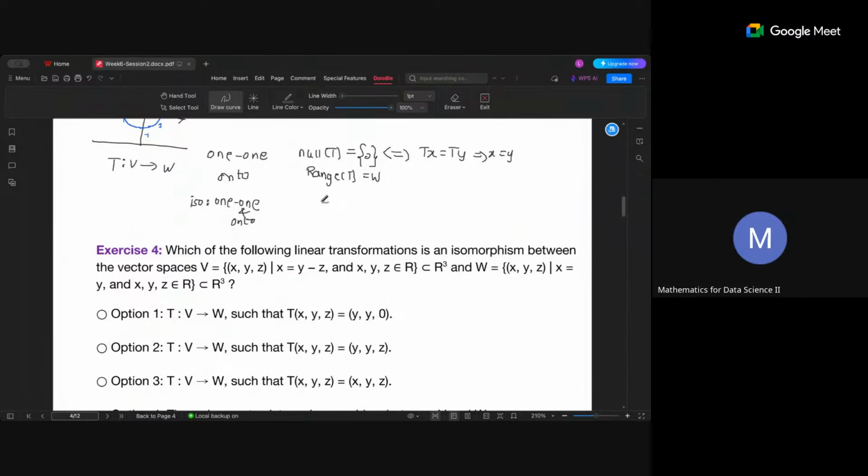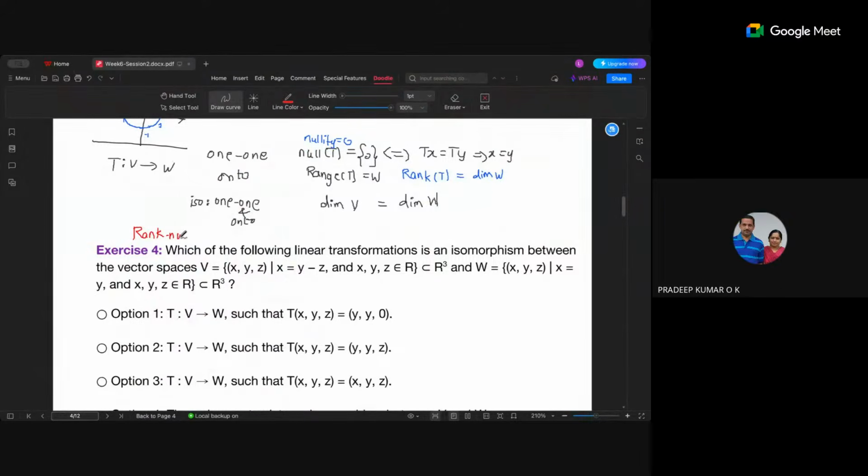In that case, what can you say about the dimension of V and the dimension of W? They are the same. What is the theorem behind this? In the one-to-one case, nullity is 0, and in the onto case, rank is equal to the dimension of W. And what does the rank-nullity theorem tell you?